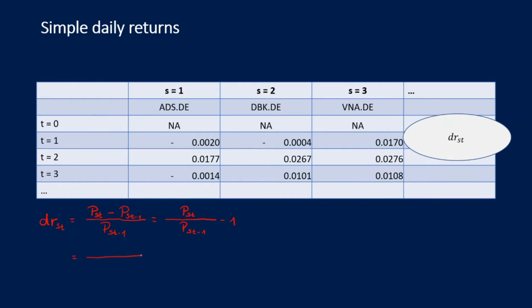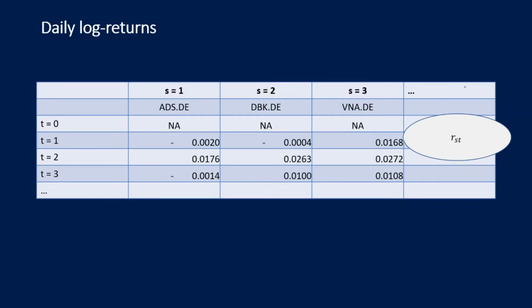So we will have 41.72 minus 41.02 divided by 41.02, or equivalently 41.72 divided by 41.02 minus 1, and that is 0.0170, or in other words 1.70%. So that's simple daily returns.